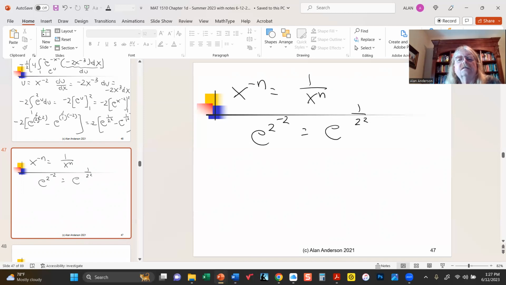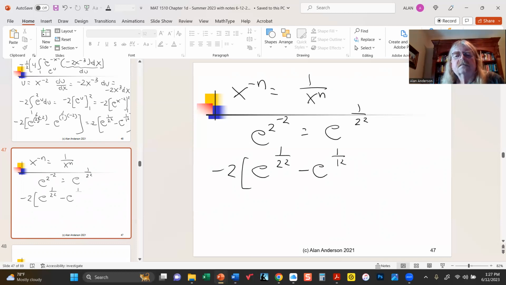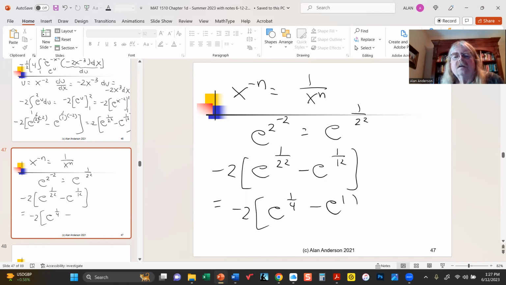Okay. So therefore, what we have is e to the 1/4 minus e to the 1.